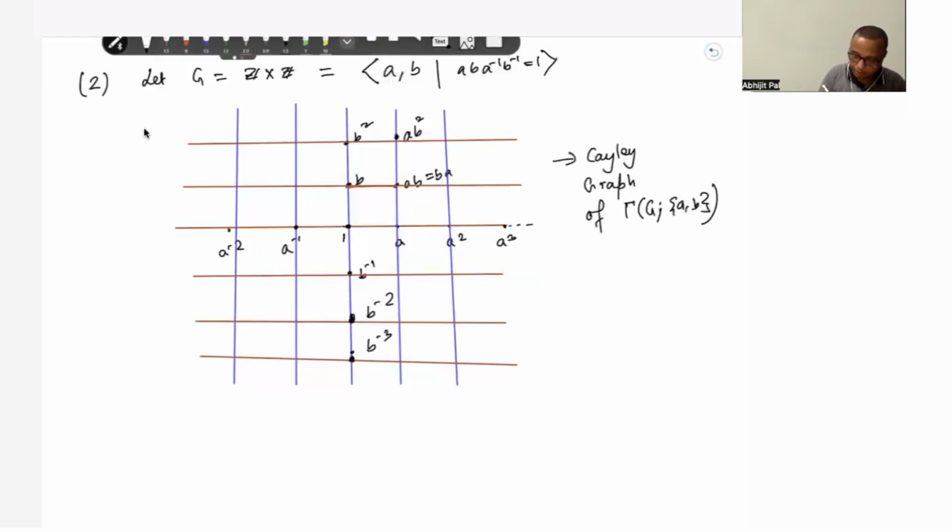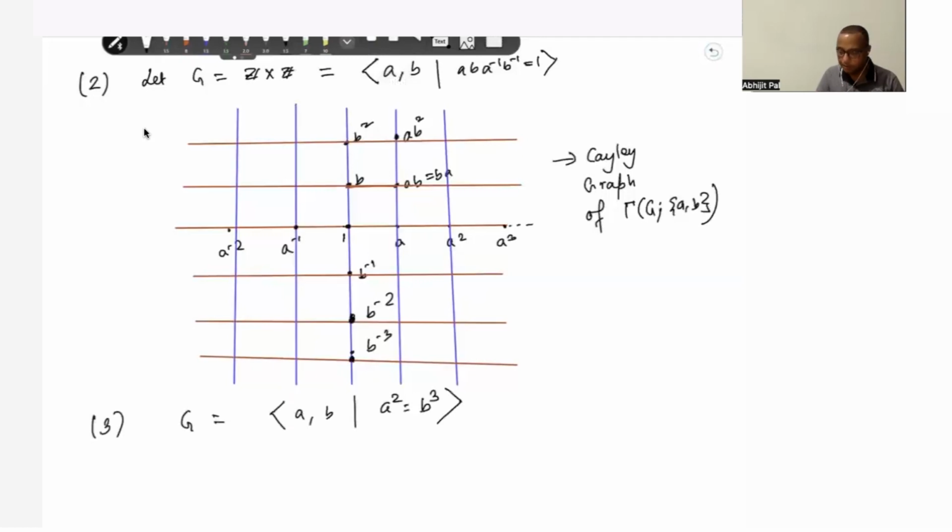Okay. So the third thing, I'll give this as an exercise. So consider this group generated by A and B, where the relation is A square is equal to B cube.